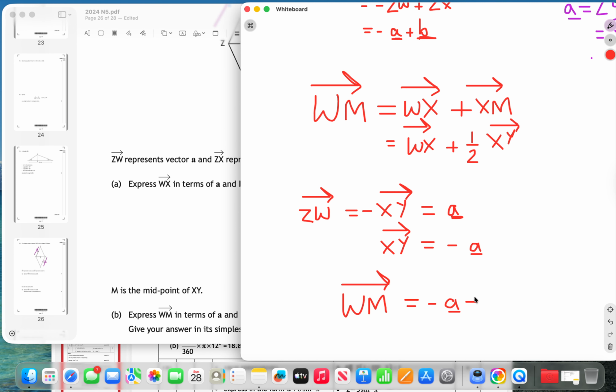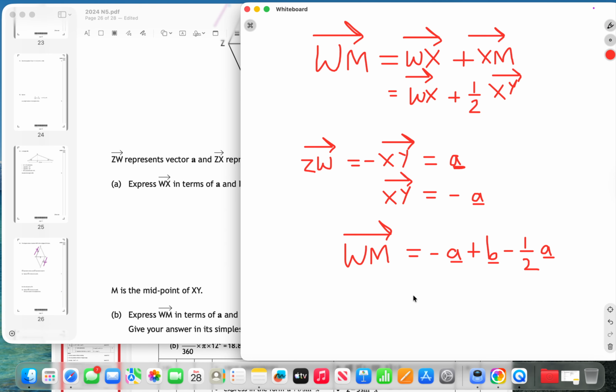So we have then WM equals minus A plus B plus 1/2 of XY.